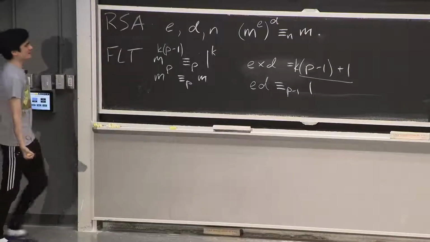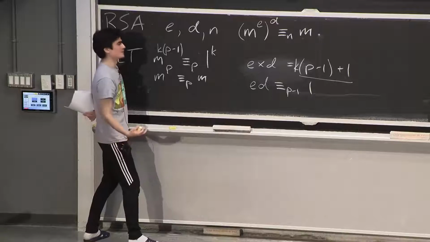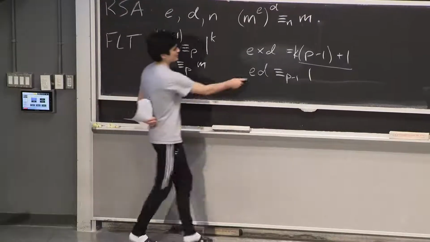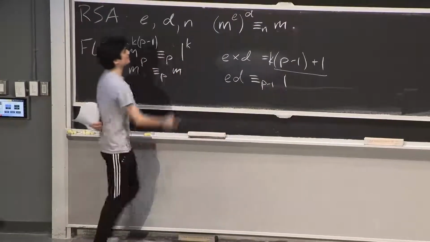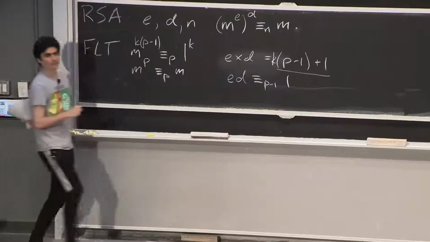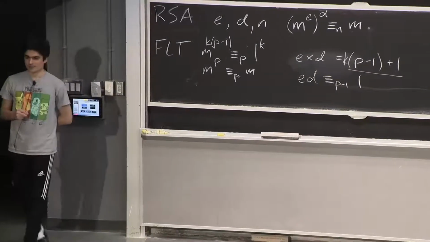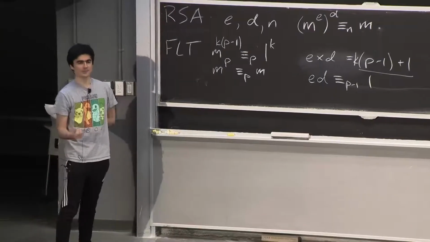What we want is m to the ED congruent to m, not congruent to 1. That's why. So as long as we choose ED congruent mod p minus 1 to 1, we'll get this. More practically speaking, how could we generate E and D?